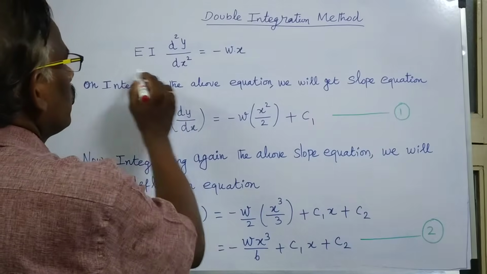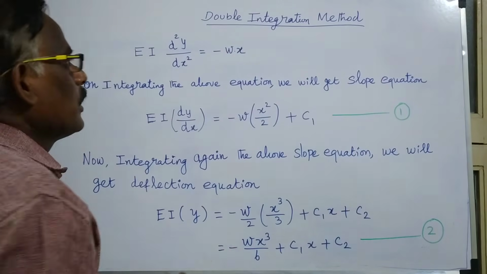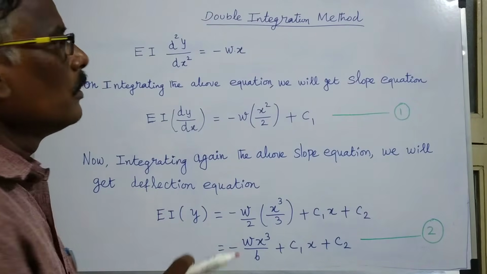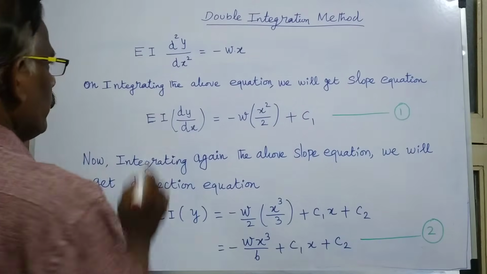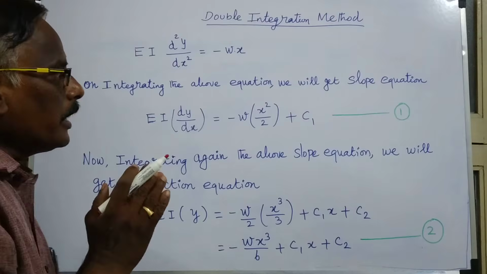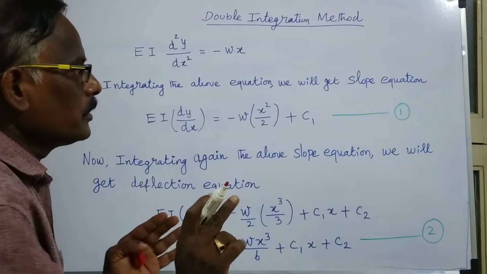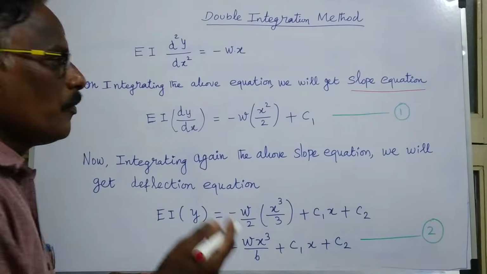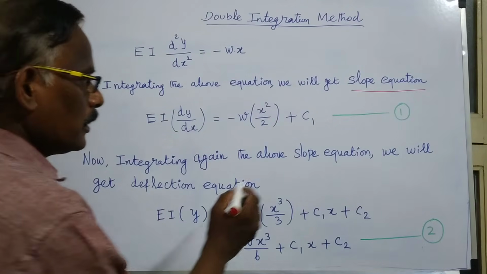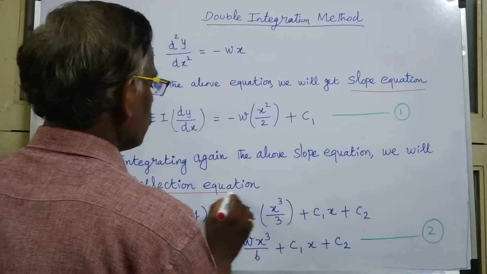So, this is the differential equation for the moment for the cantilever beam. If we integrate this equation once, you will get the slope equation. If you integrate again, you will get the deflection equation.